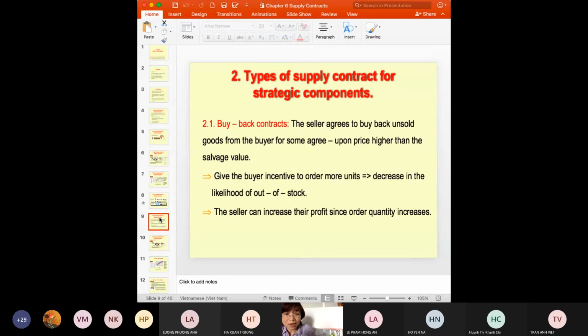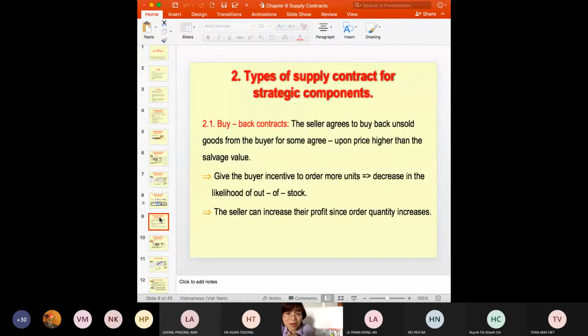First of all, that is the buyback contract. A buyback contract means the seller agrees to buy back unsold goods from the buyer at an agreed upon price higher than the salvage value.